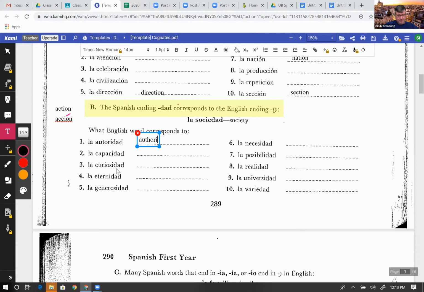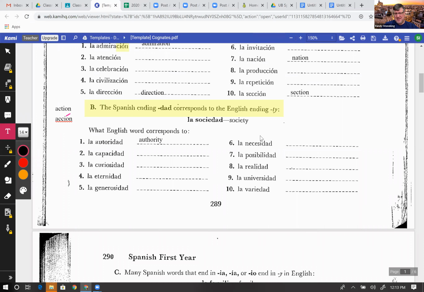Now notice the sound when we say the word is just a little bit different. There's also no H in it in Spanish. But again, it's close enough where our brain can make that link between the two. So how about number 6? La necesidad.